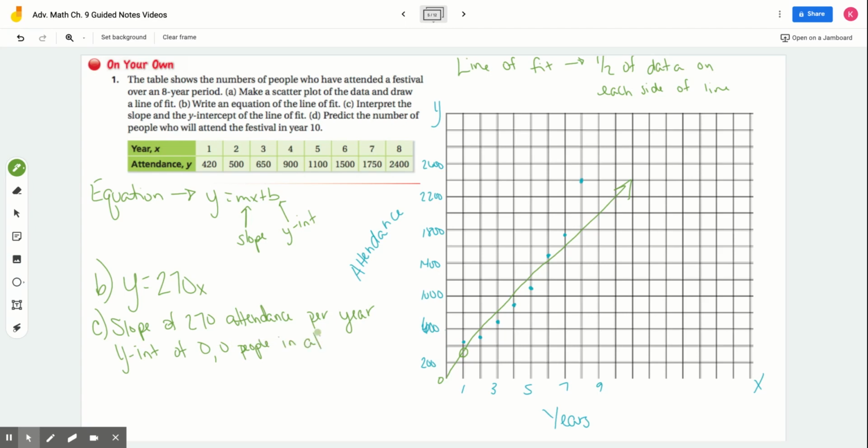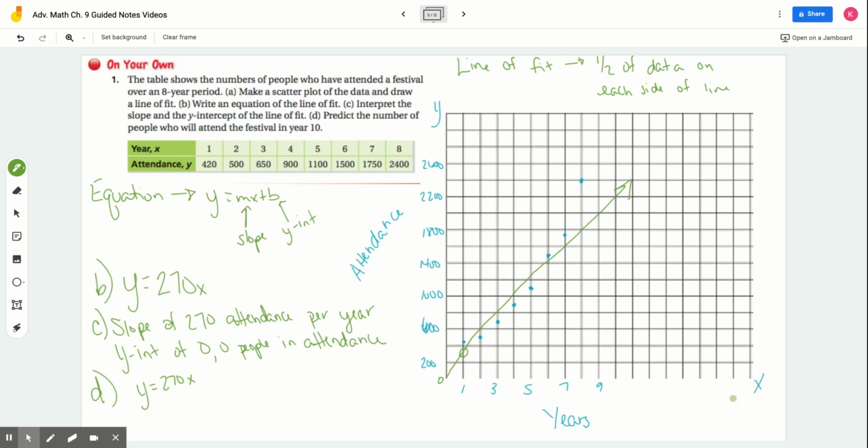Now for part D, predict the number of people that will attend the festival in year 10. We are using this equation here, y equals 270x. Where does 10 go?